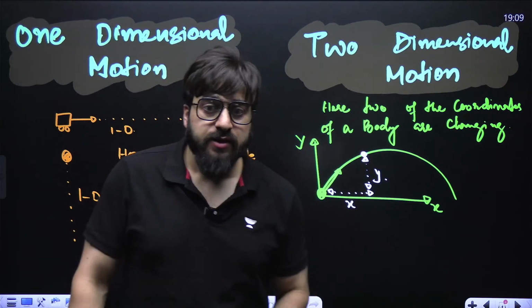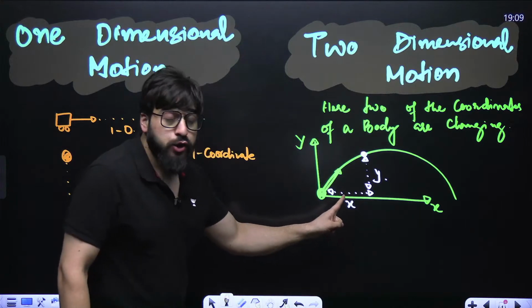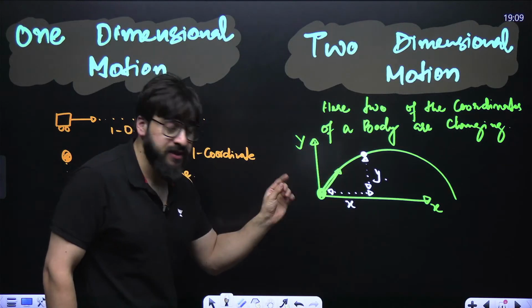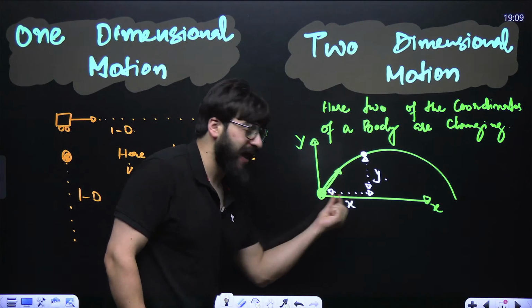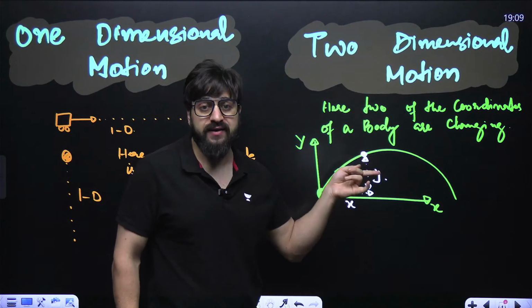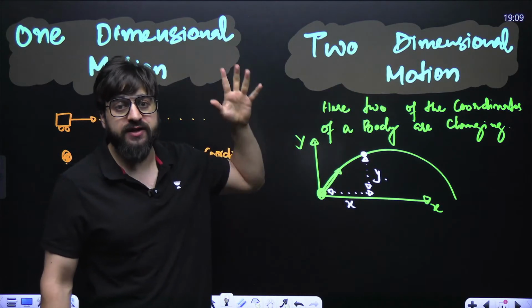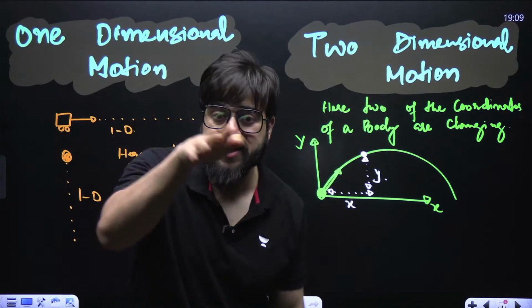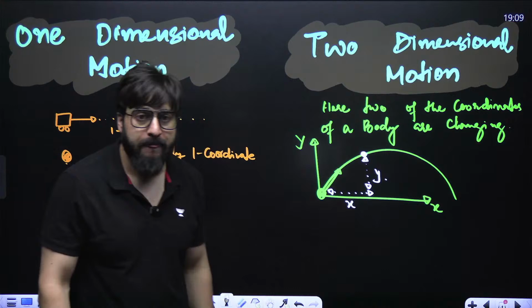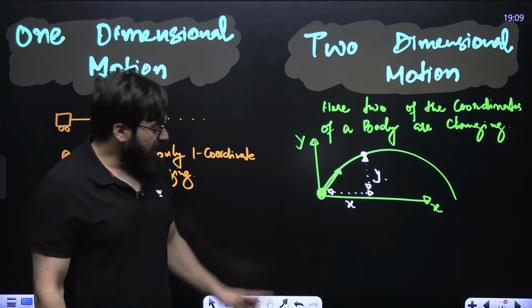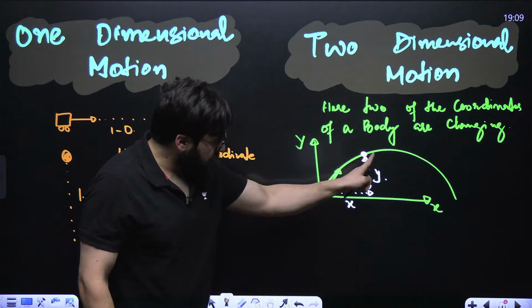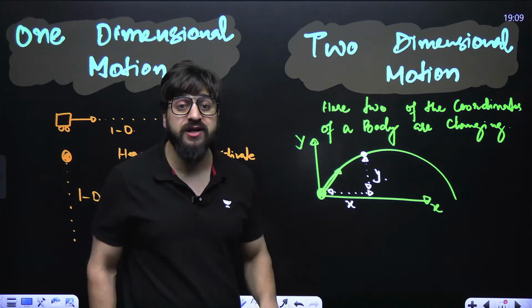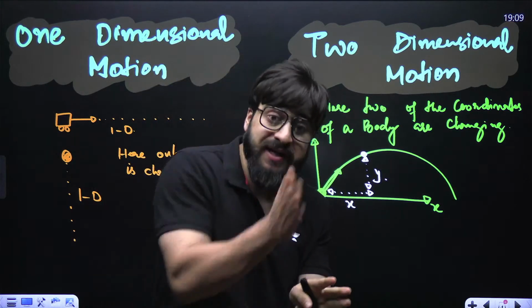So, my dear friends, here two of the coordinates are changing, which means the particle is moving in x as well as y. So we say it is two-dimensional motion. It's a curvilinear motion; the body is moving in a curve. When the particle is moving along this path, it's one-dimensional motion plus one-dimensional motion.